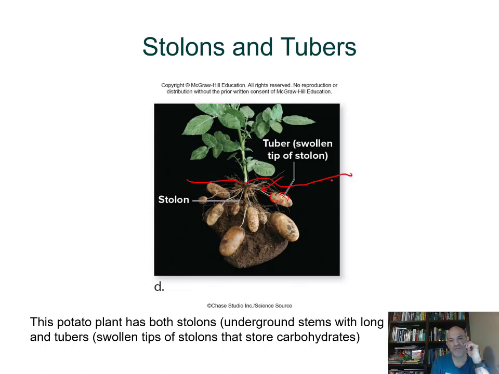So I'm not sure, based on the usage, stolon is supposed to be above ground, so this may actually technically be a rhizome. Unless those terms in botany are used interchangeably, I'm just not aware of that. So it's maybe an error in editing of the materials that come in your book.